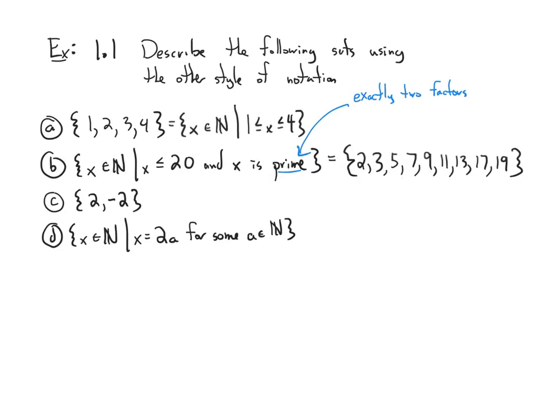For C, well, there's lots of different ways of writing it. But if we wanted to describe it in words, rather than just saying it's 2 and negative 2, we could say it's all integers so that when you take the absolute value of them, you get 2. That's one way of doing it.